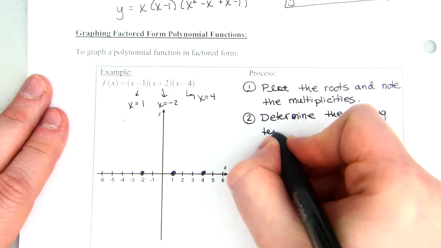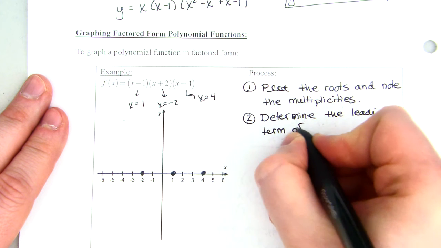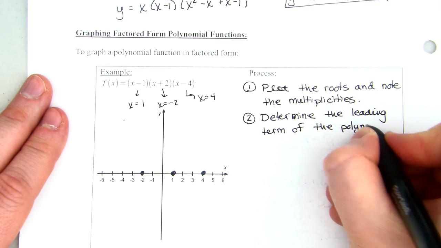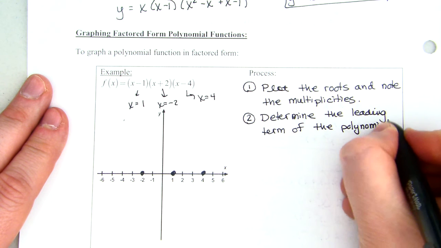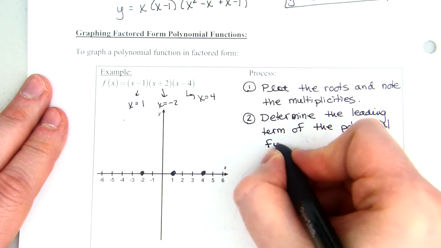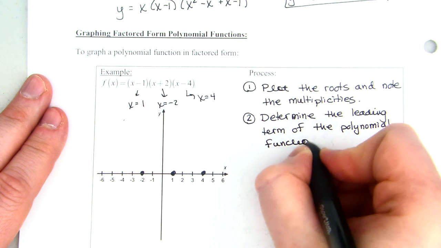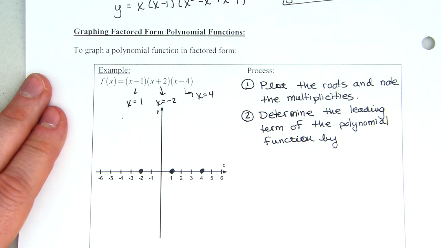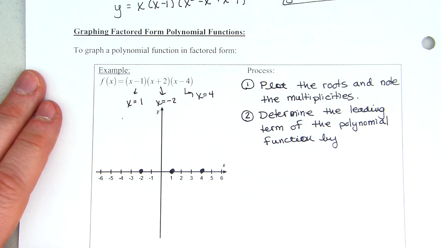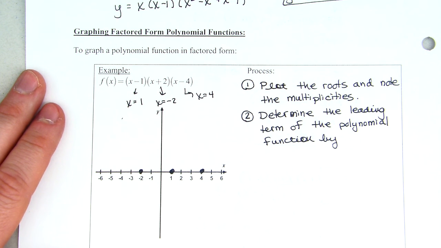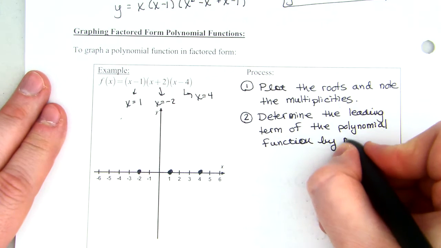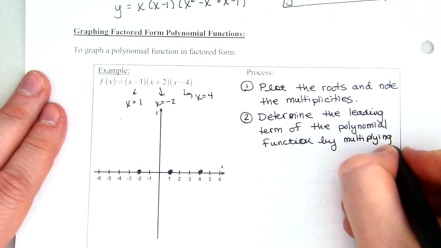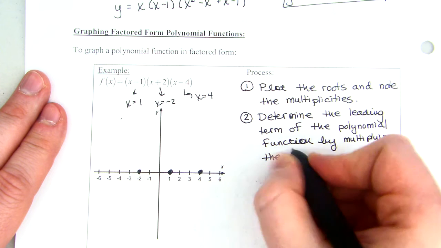Determine the leading term of the polynomial function. We're going to do that by just multiplying together the leading term of each factor.